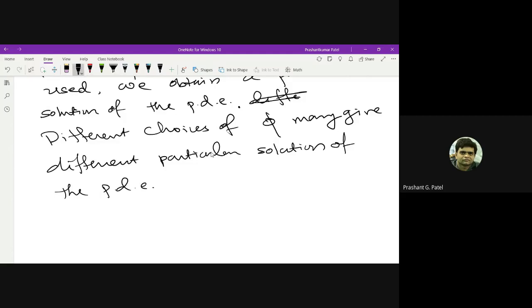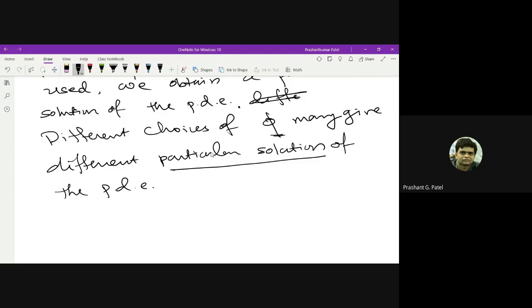So if you choose phi differently, then you will have a different particular solution. So that is another definition, known as a particular integral or particular solution.